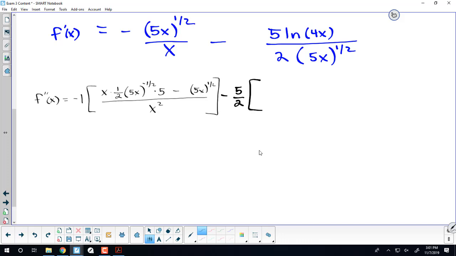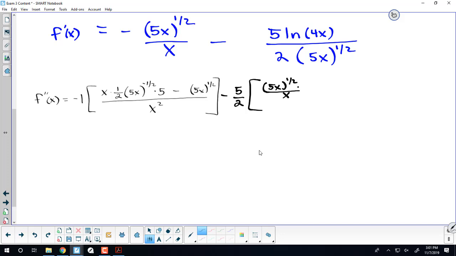We'll just pull that 5/2 out. Again, another quotient rule: bottom times the derivative of the top. That's 1 over x again, so we'll write this over x.